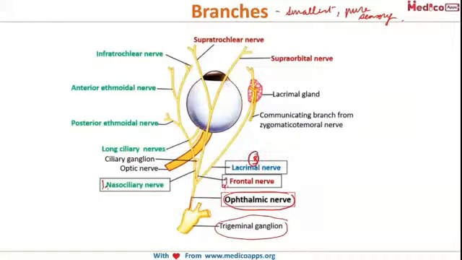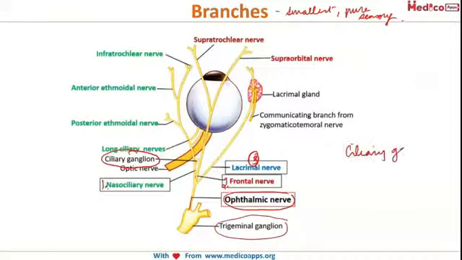Okay, so the nasociliary nerve gives out a few branches. First, it gives a branch to the ciliary ganglion. So the ciliary ganglion is an important ganglion. This ganglion receives preganglionic fibers from the oculomotor nerve from the Edinger-Westphal nucleus.